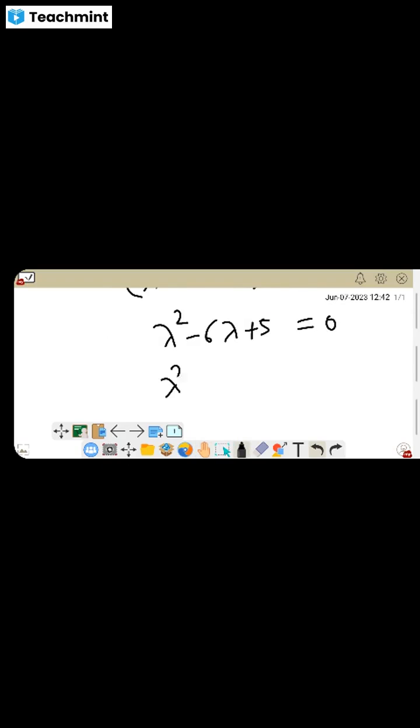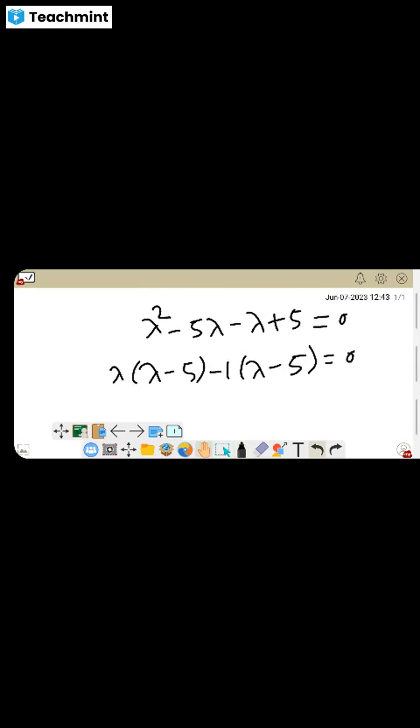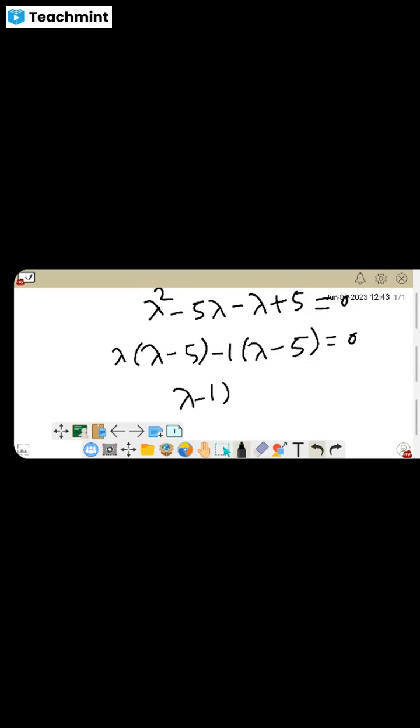By splitting the middle term, lambda square minus 5 lambda minus lambda plus 5 is equal to 0. Taking lambda common and minus 1 common, we have lambda minus 1 into lambda minus 5 is equal to 0.